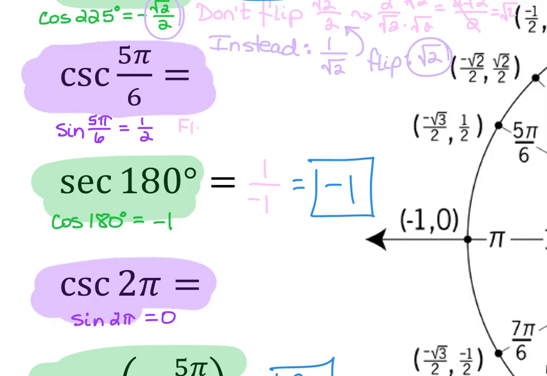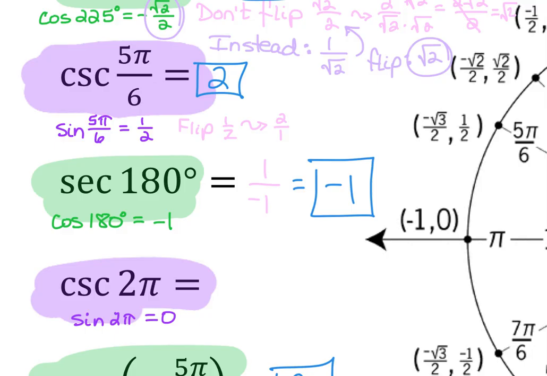So you can flip 1 over 2 and get 2 over 1. And so straightforward positive 2 is going to be the value for cosecant of 5 pi over 6. That's fairly straightforward. With sine of 2 pi, that's not a fraction to flip.